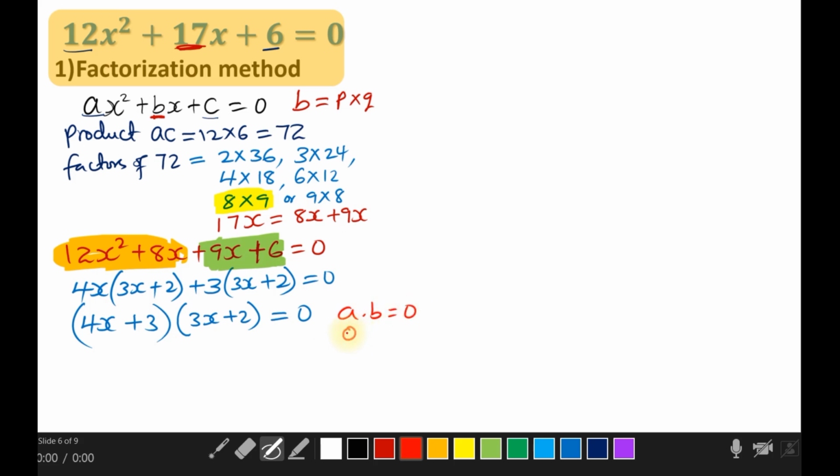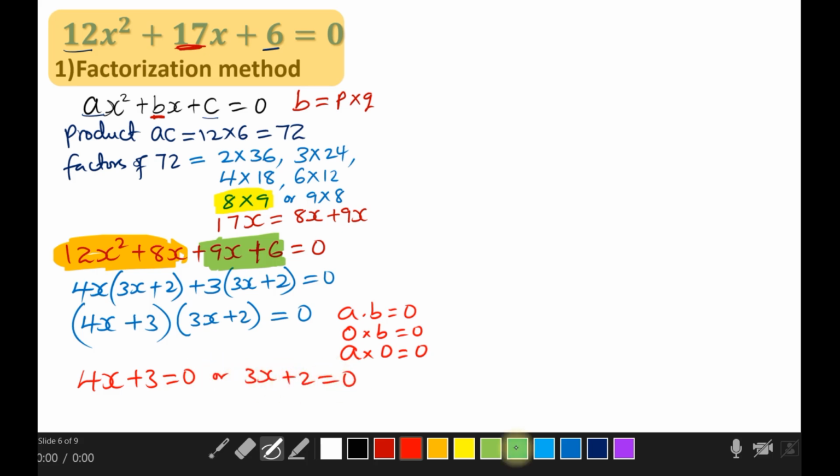Either a is 0, so when a is 0, 0 times b is 0, or a times 0 is 0. So either of them. So it means that 4x plus 3 is equal to 0, or 3x plus 2 is equal to 0.